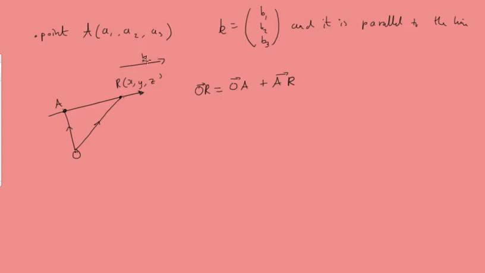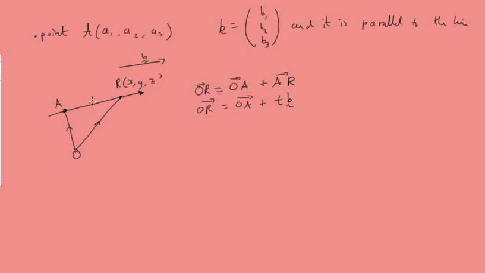But we know that vector B is parallel to this line, so we can rewrite AR as t times b, where t is some constant that we multiply by b, because these two vectors are parallel. We can multiply b by a constant to make it the same as AR.